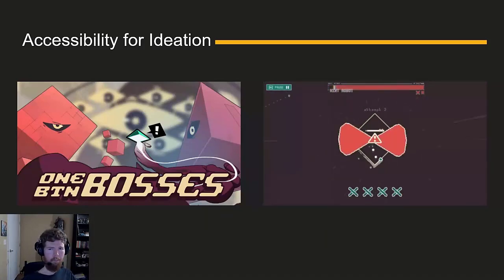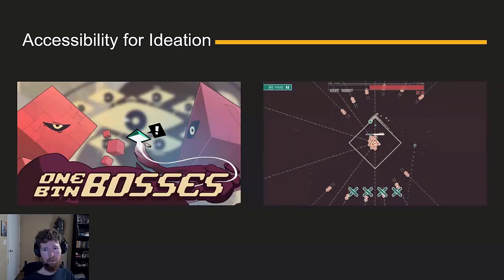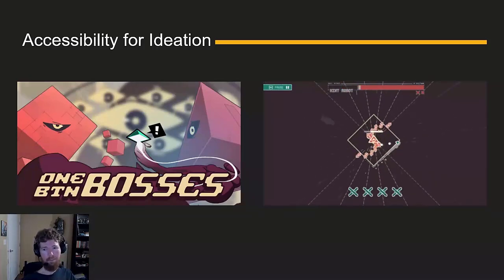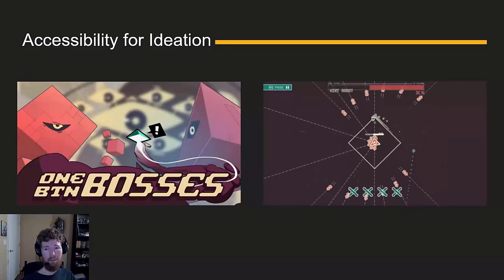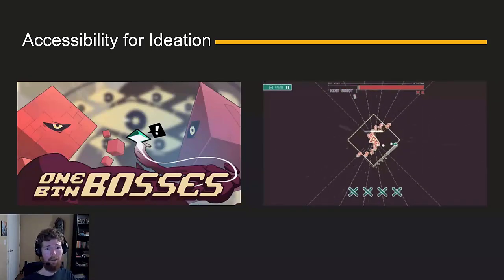It's a bullet hell sort of game that uses one button for both player movement and shooting, sort of like an on-rails bullet hell, which I think is a really interesting design. Now, I'm not saying that One-Button Bosses used accessibility for ideation in its creation, just using it as an example for what this could look like as an end goal.